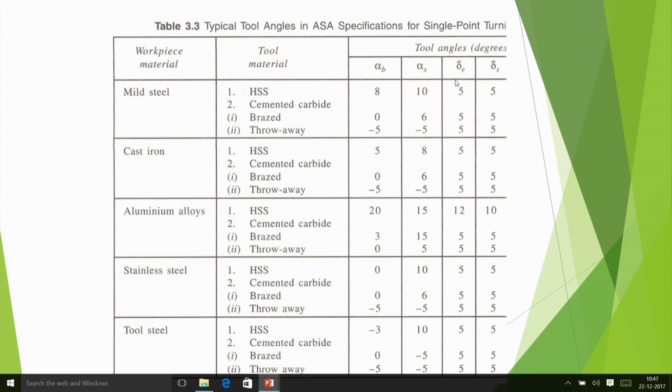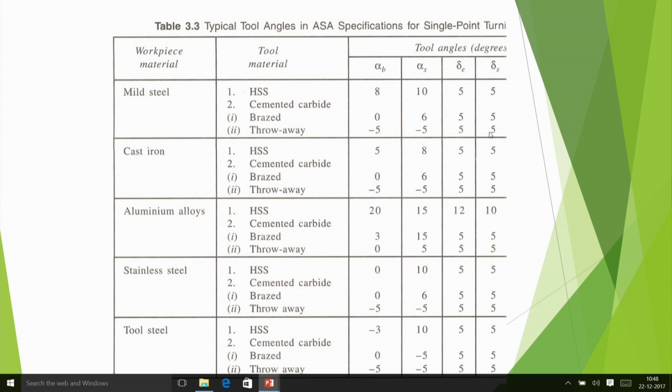These are the tool angles in degrees: back rake angle, side rake angle, end relief and side relief. You are getting all these values 8, 10, 5, 5, brazed one may have 0, and the throwaway type may have a negative rake angle.